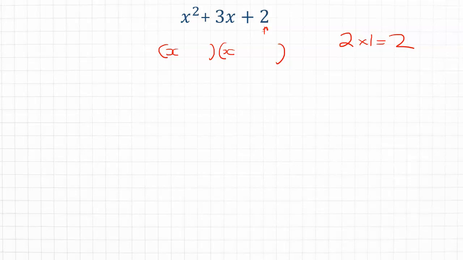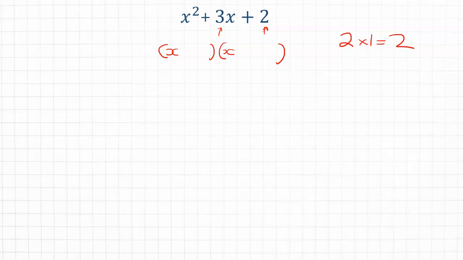So in cases where there is more than one pair which multiplies to the last number in the expression, this should narrow the choice down. So you will only have one pair which both multiplies to the number at the end of the expression and adds to the number in the middle of the expression next to the x.